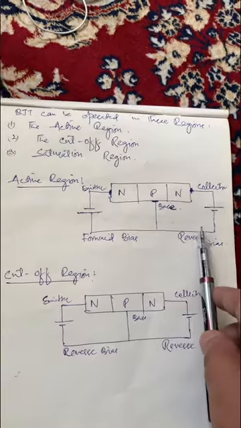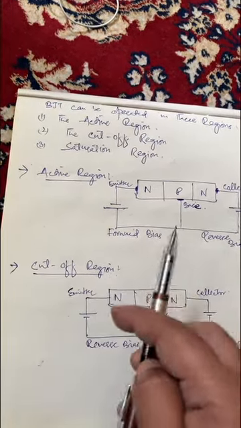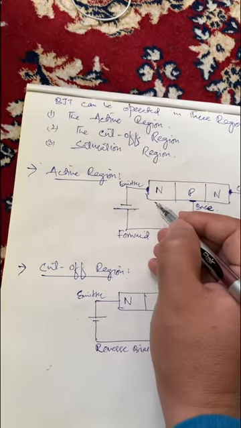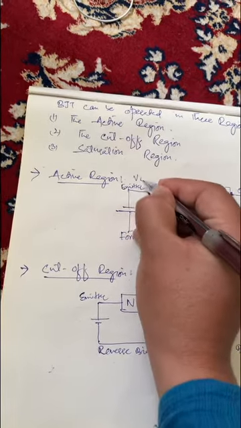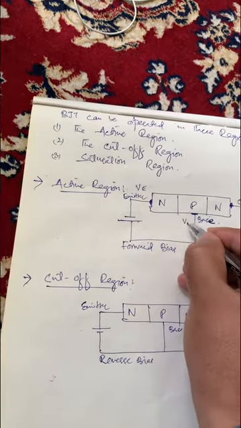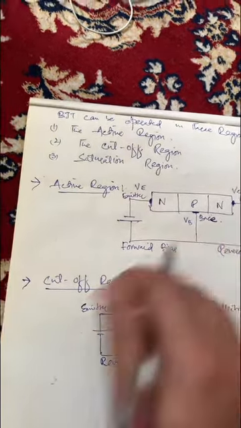So let's say the voltage at the emitter is VE, the voltage at the base is VB, and the voltage at the collector is VC.